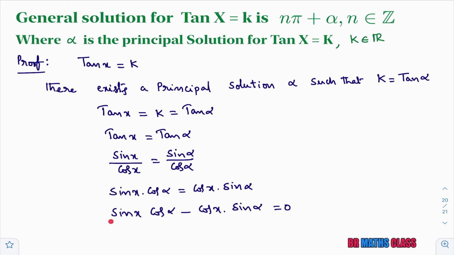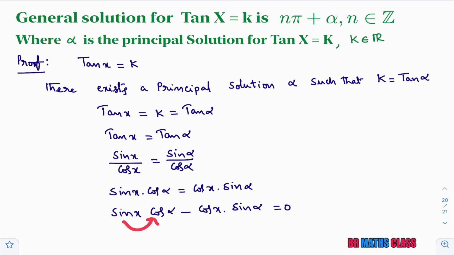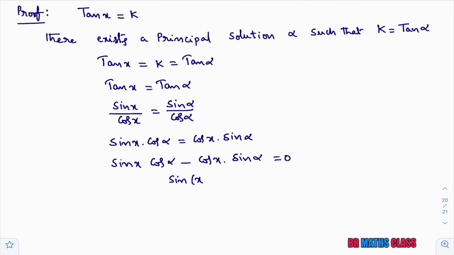You observe this, this is like the sin of x minus y result. sin of x minus y is sin x into cos y minus cos x into sin y. I hope you are understanding. So whatever we got here can be written as sin of x minus alpha equal to 0.